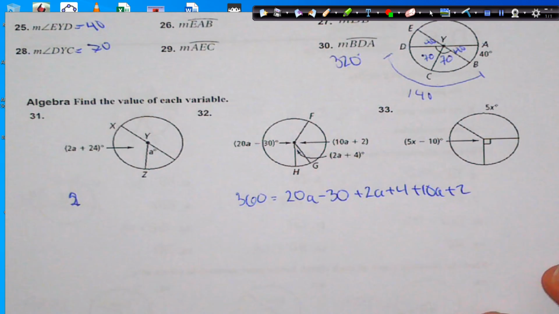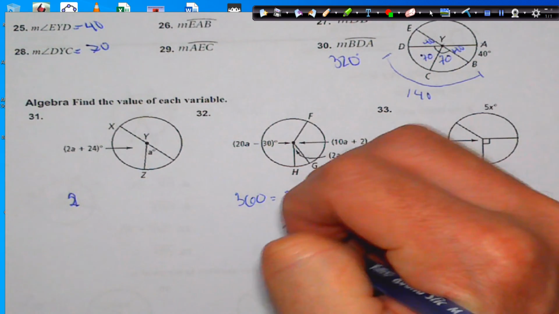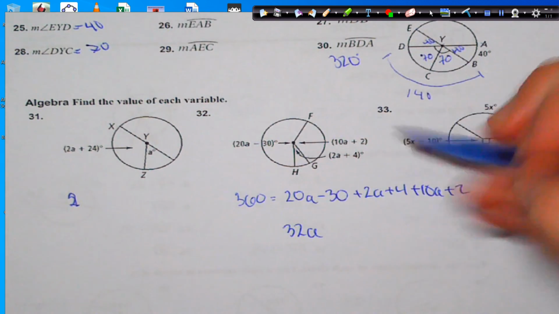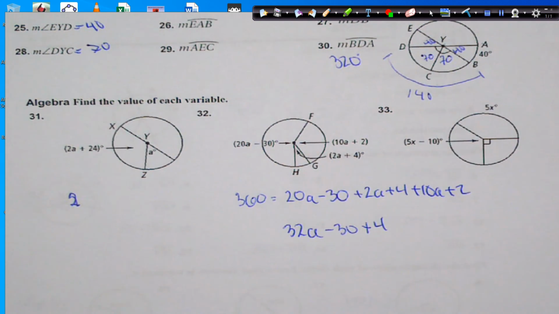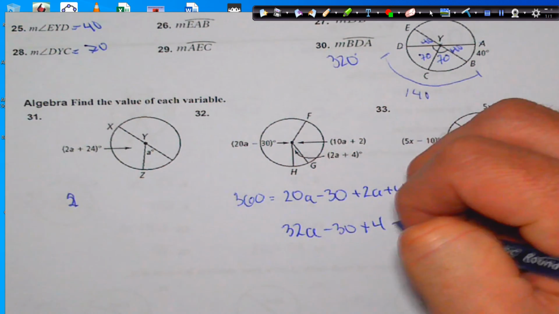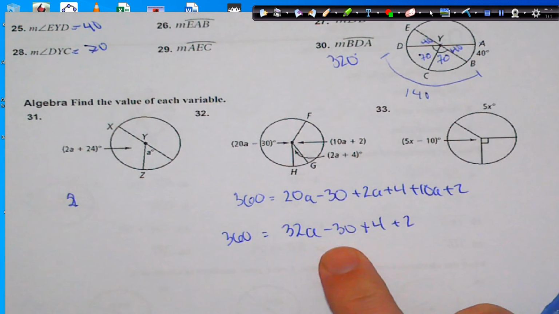And then we just do lots of algebra. 20a plus 2a plus 10a is going to be 32a, minus 30 plus 4 and plus 2. Okay. Equals 360. So that's going to be, I just really don't want to make a mistake here. So I'm going to use my calculator. So let's go.